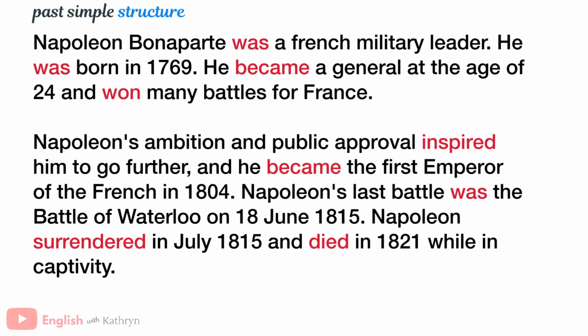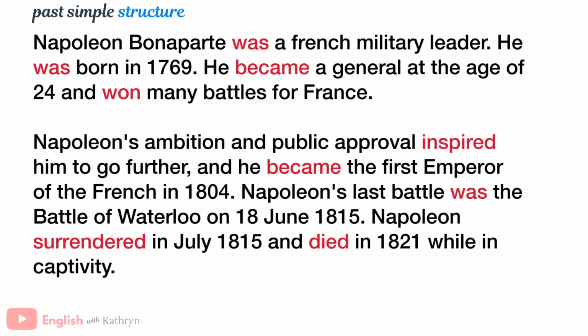But first, let's look at a little story with some past simple verbs. Napoleon Bonaparte was a French military leader. He was born in 1769. He became a general at the age of 24 and won many battles for France.